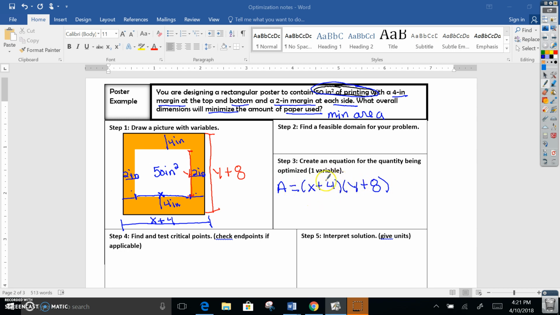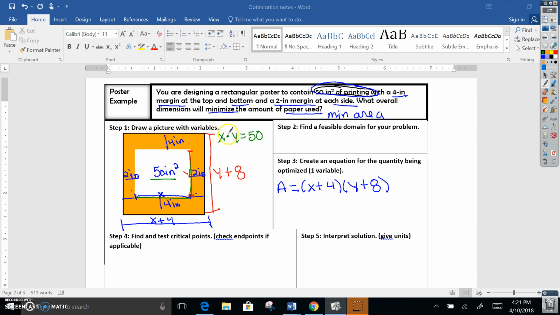So in order to replace the variables, I'm going to have to look for a secondary equation, which is going to allow me to get rid of either the x or the y. The other piece of information I haven't used is this 50 inches squared. I know that that's a rectangle, and I can multiply the x and the y, and that should give me 50. I'm going to choose to solve for y, although solving for x is equally as easy.